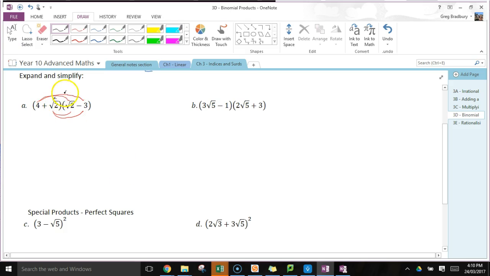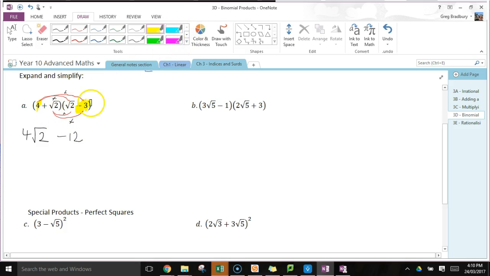All these get multiplied together. So 4 times root 2, hopefully you can see that that's 4 root 2. The next one, the outer terms, 4 times negative 3 is going to be negative 12. Remember the negative belongs to it.